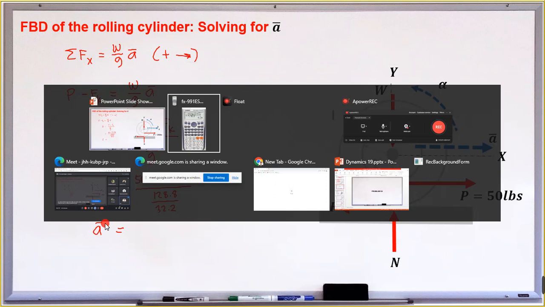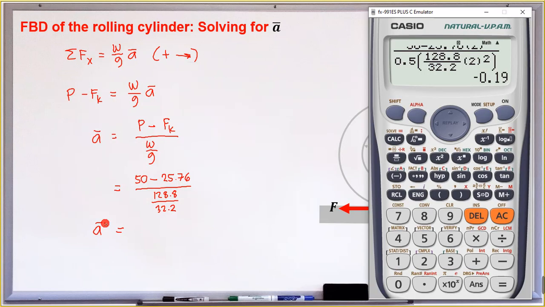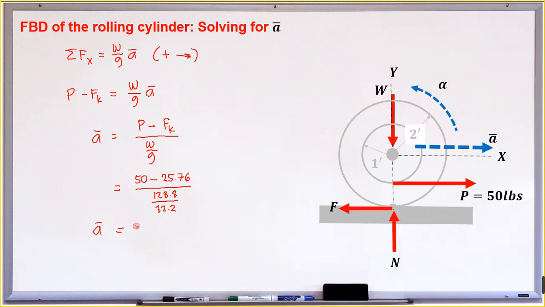So what would be the linear acceleration? Using our calculator, 50 minus 25.76 divided by 128.8 over 32.2, our linear acceleration is 6.06 feet per second square.